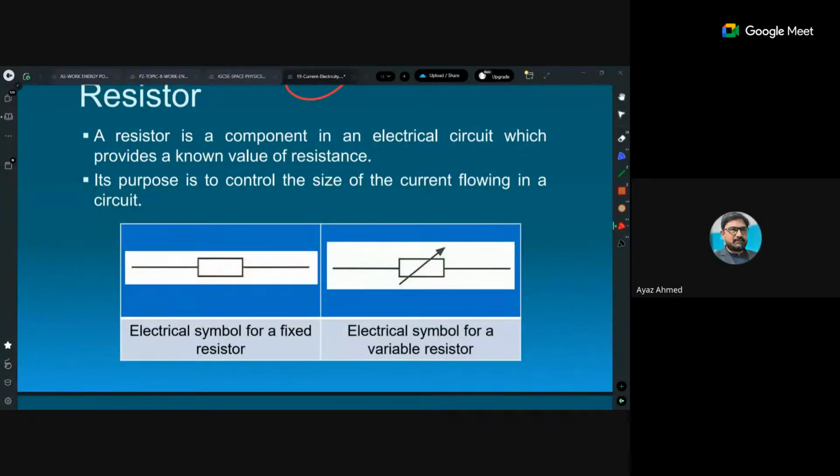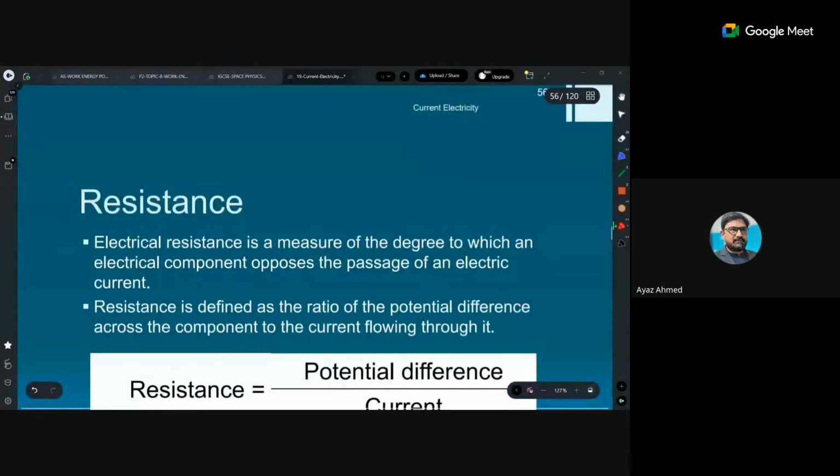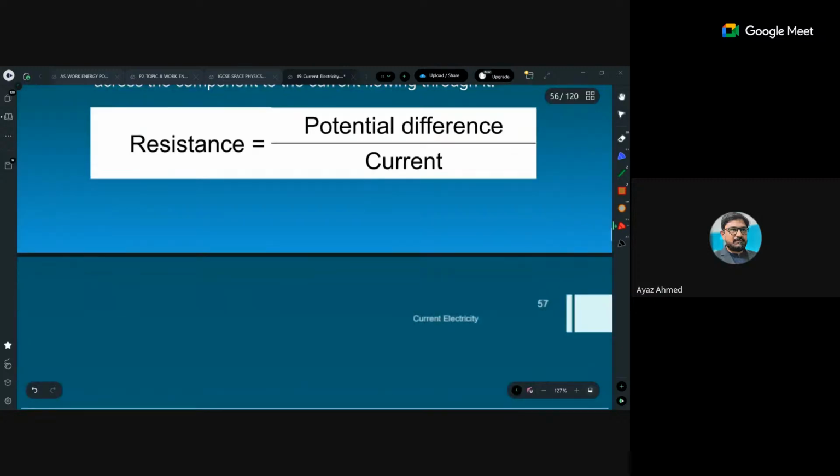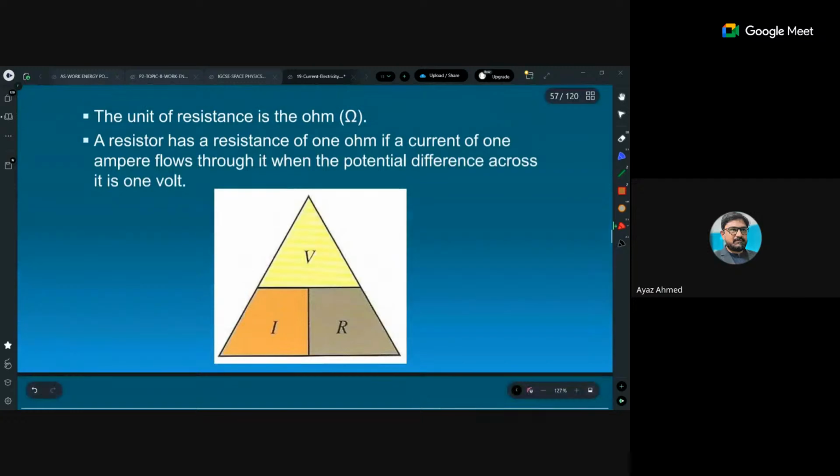So the resistors are responsible to provide you the resistance. फिक्स रेजिस्टर है और वेरिएबल रेजिस्टर है. आप लोगों को ये पता होना चाहिए. फिक्स रेजिस्टर की रेजिस्टेंस फिक्स होती है और वेरिएबल को हम लोग मैनुअली मूव करवा सकते हैं, चेंज करवा सकते हैं. देन रेजिस्टेंस का फार्मूला खैर यहाँ लिखा हुआ है, potential difference to the current. And I believe that it would not be a problematic area for you. ये ट्रायंगुलर इक्वेशन है.